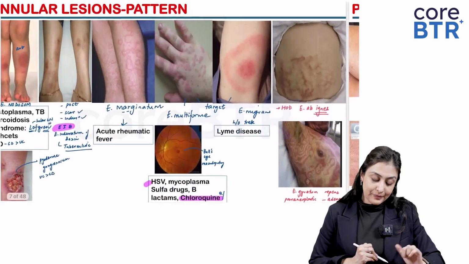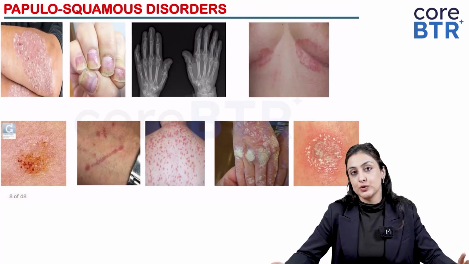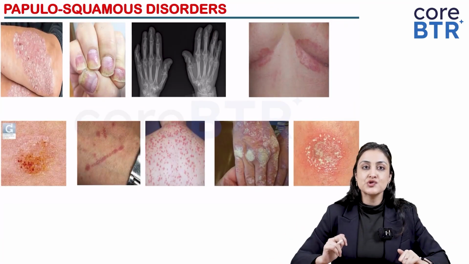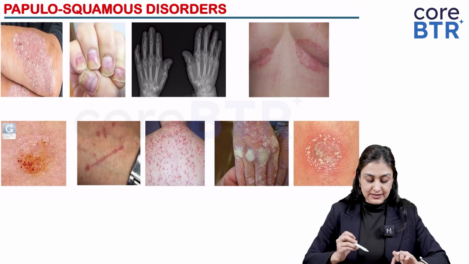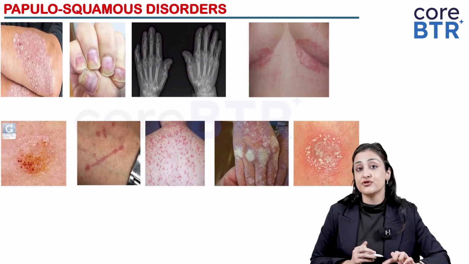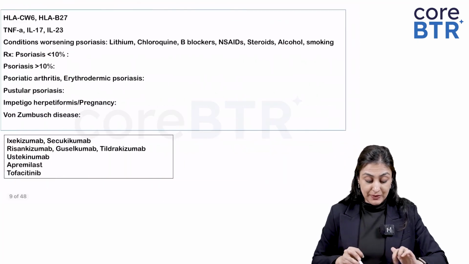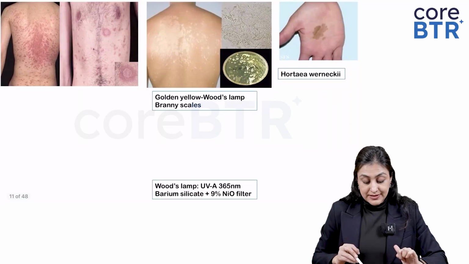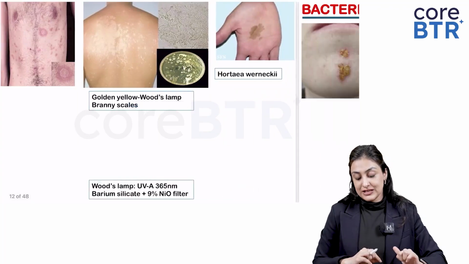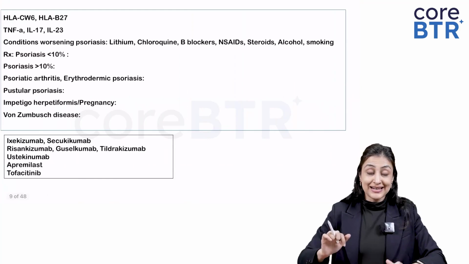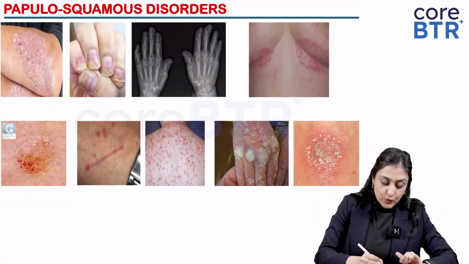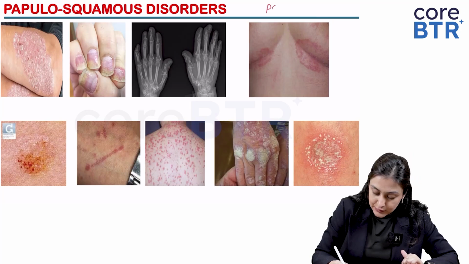Okay. Then let's talk about papulosquamous disorders. We will study around 5-6 diseases, the prototype of which is psoriasis. So all of these come under papulosquamous disorders. The most important disease that we are now going to talk about is psoriasis.